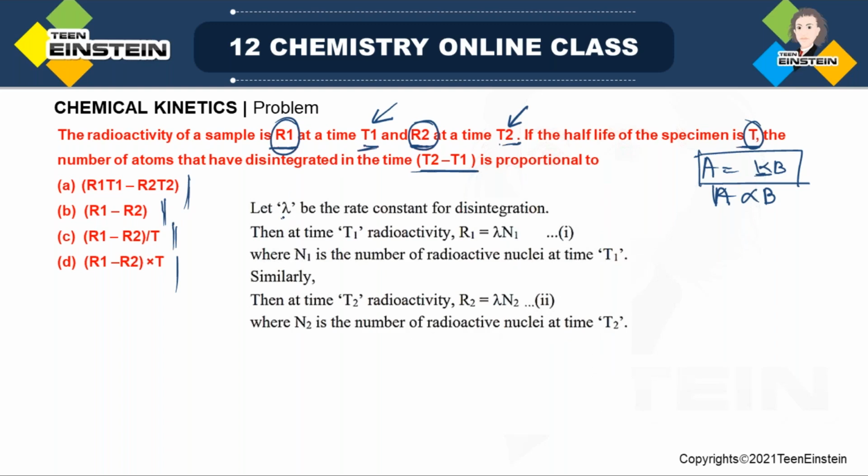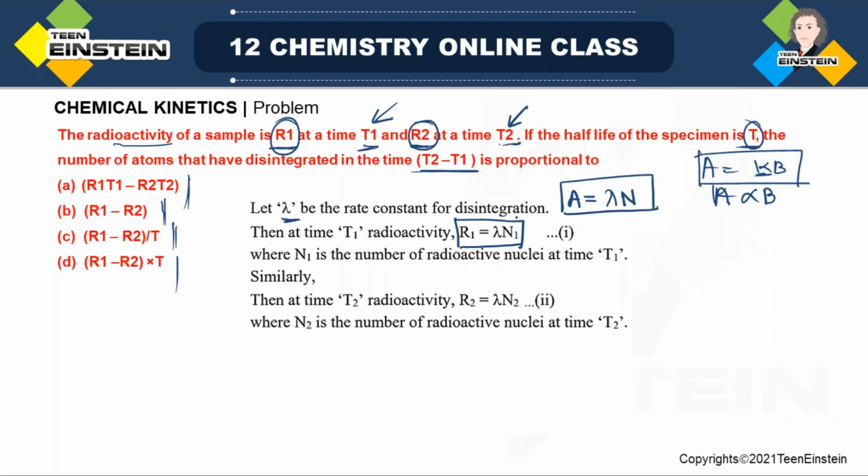Here we will consider lambda as the rate constant for this disintegration. Now we know that activity or radioactivity can be expressed by this formula. Sometimes activity is also denoted by capital A. That is, A is equal to the rate constant, or you can also call it the decay constant, multiplied by the number of nuclei.